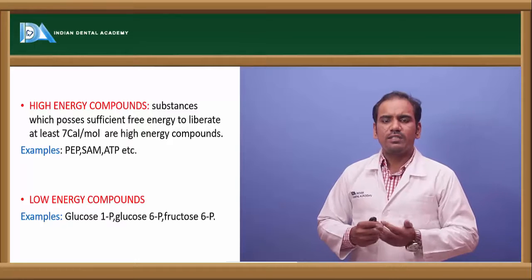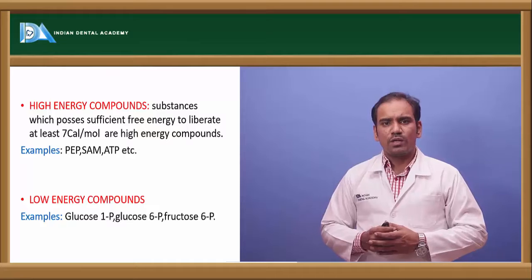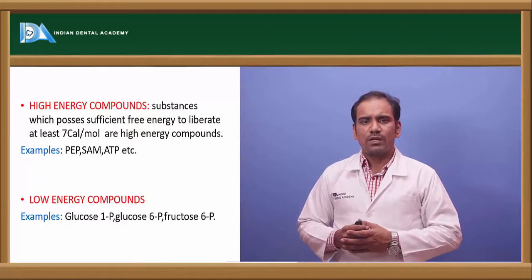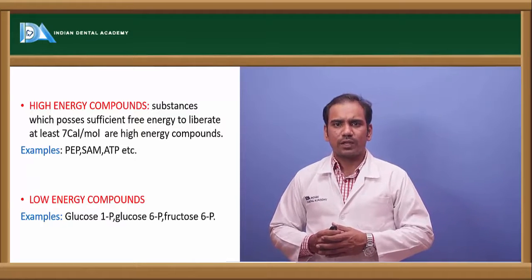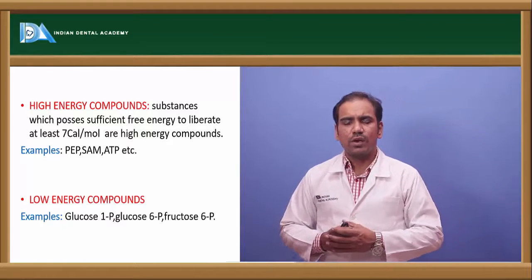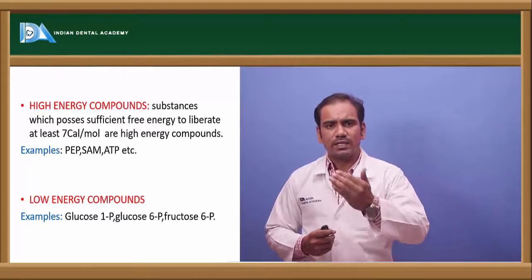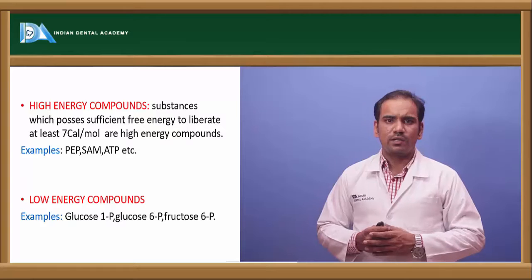And when the energy released by a substance or molecule is less than 7 kilocalories per mole, we call such compounds low energy compounds, right? Like glucose 1-phosphate, glucose 6-phosphate, fructose 6-phosphate. All these compounds release energy less than 7 kilocalories per mole.